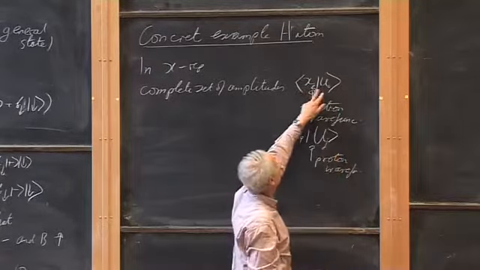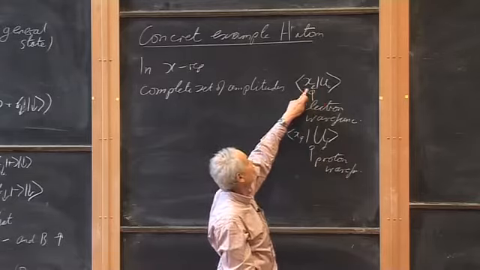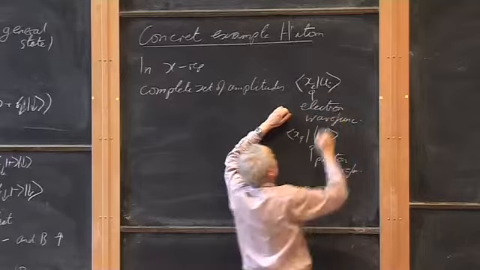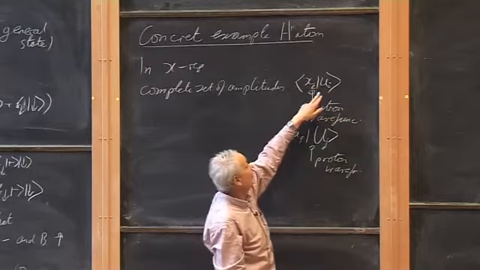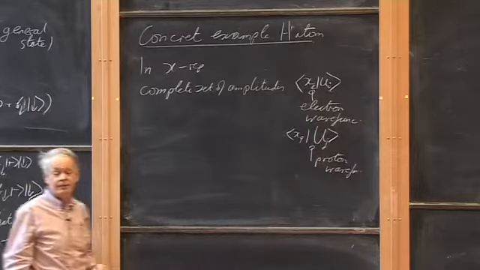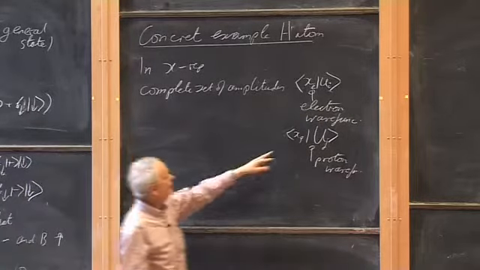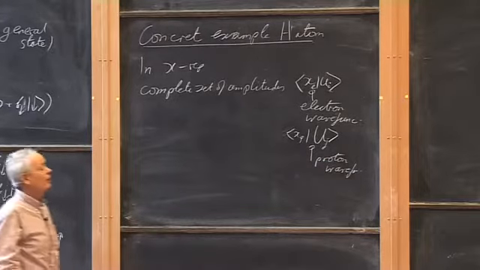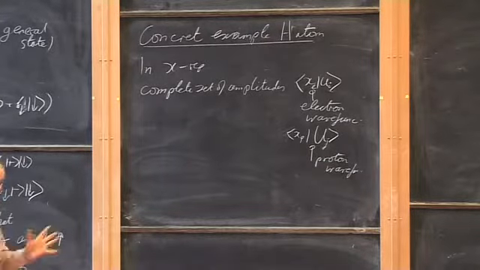So this might be the amplitude to find the electron at the point xe, given that the energy of the electron is ei. And this might be the amplitude to find the proton somewhere, given that the proton's energy is ej, say.